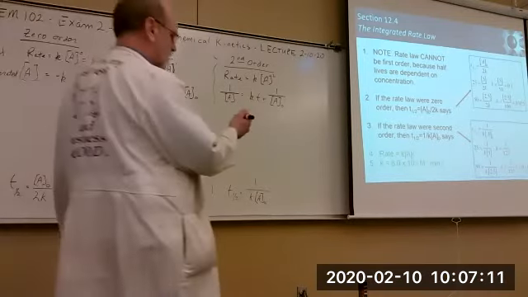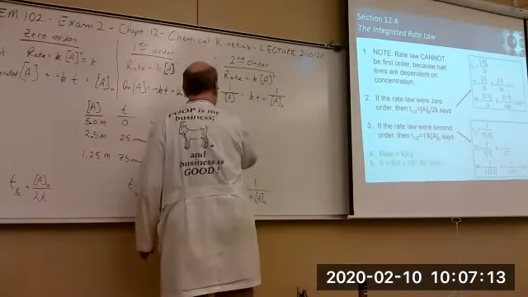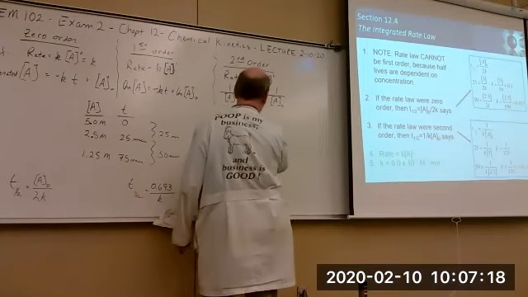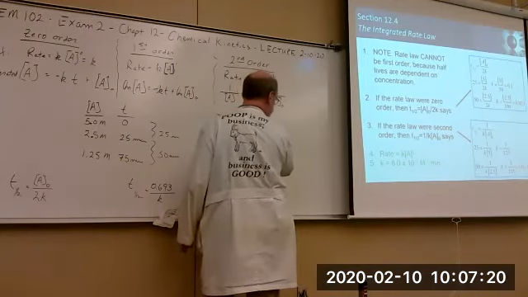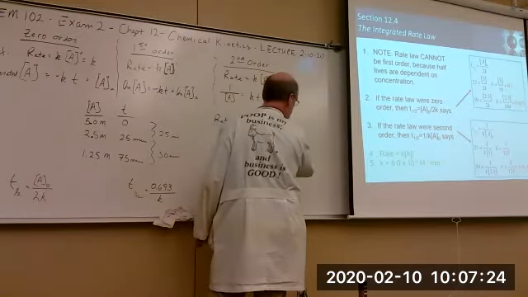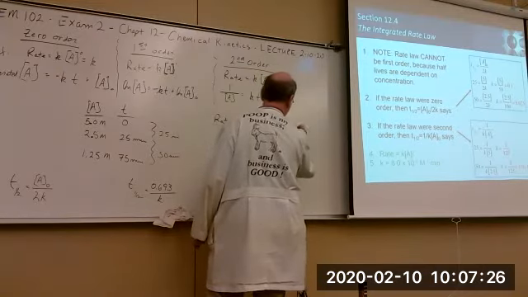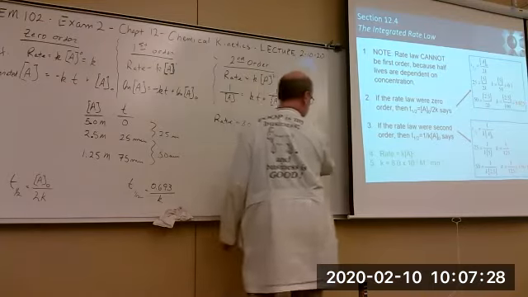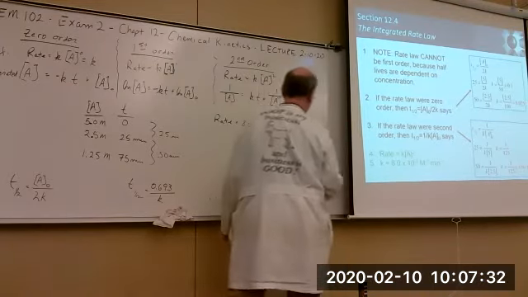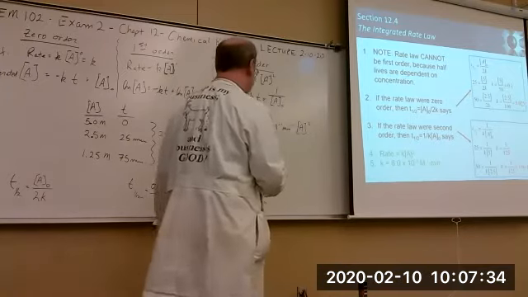So, well, that's a good question. If we write, let's check ourselves. Rate equals 8 times 10 to the minus third, molarity to the minus 1, minutes to the minus 1, and that's times A squared. Let's check ourselves.